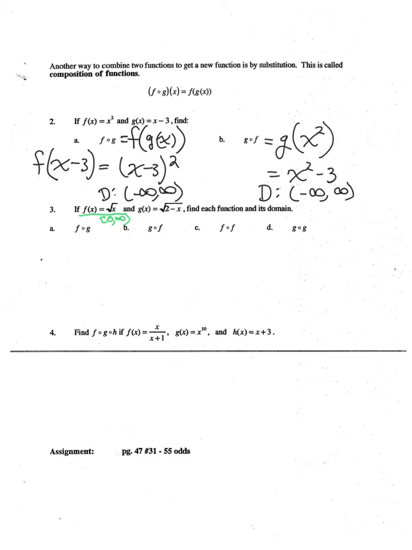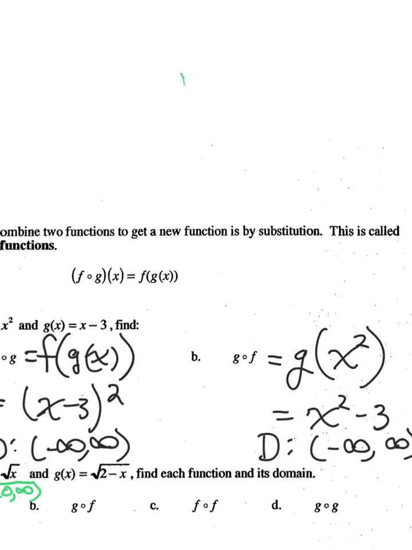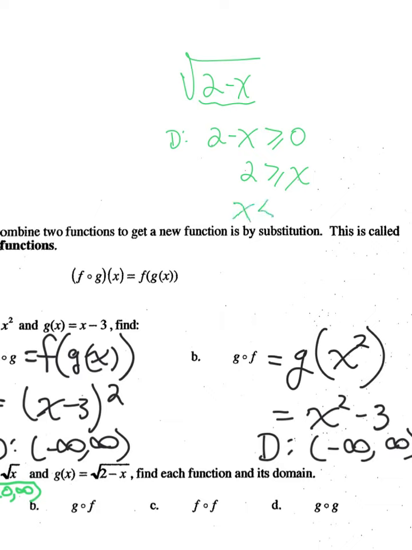2 minus x, okay, let me just do a little bit of space here. The square root of 2 minus x. Domain restrictions would be 2 minus x has to be bigger than or equal to 0. Add x to both sides. 2 is bigger than or equal to x. You might be saying it this way.